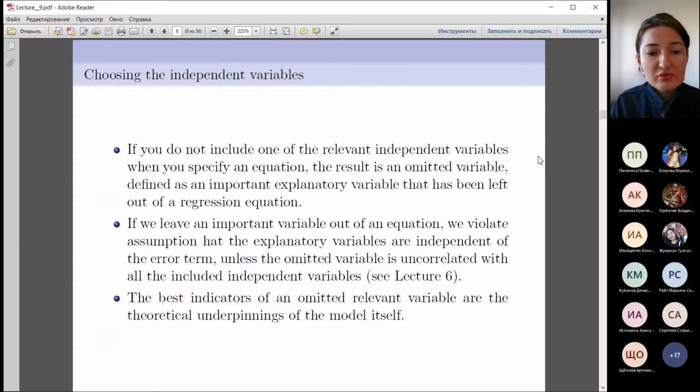And I just want to note that the best indicator of an omitted relevant variable, first of all, is the theoretical background of the model that you use. Among existing tests, no single test can exactly say that you have the omitted variable bias problem. Because of this, first of all, please think about the theory. Okay?